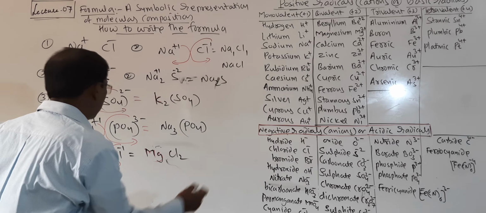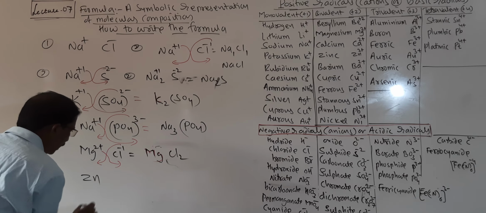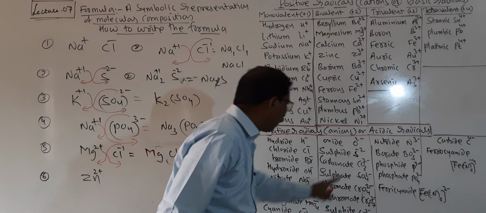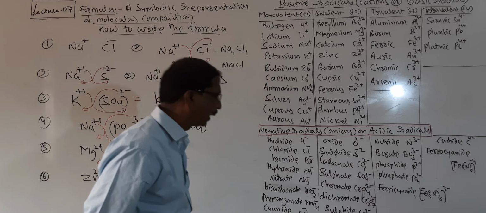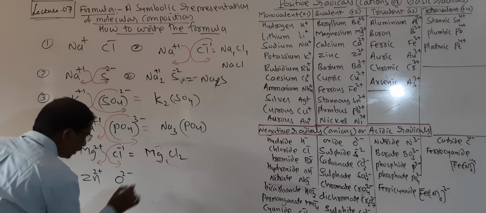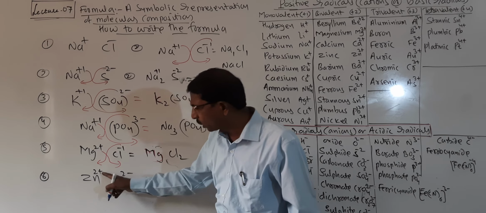And now you may take another one, sixth example, zinc Zn2 plus, and then you may write a second one, sulfide, sulfate, chromate, or any example here. If you take oxide, O2 minus, look here students, both plus 2 and minus 2 are the same.